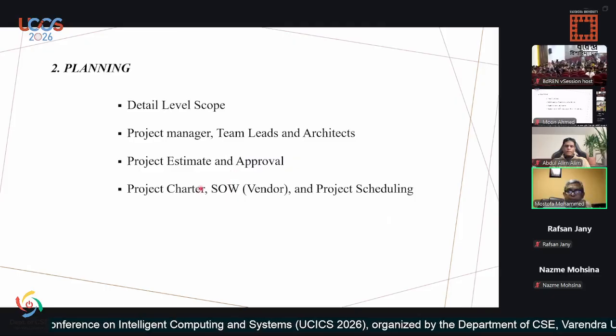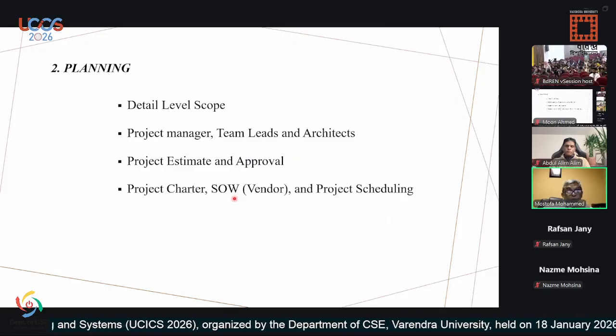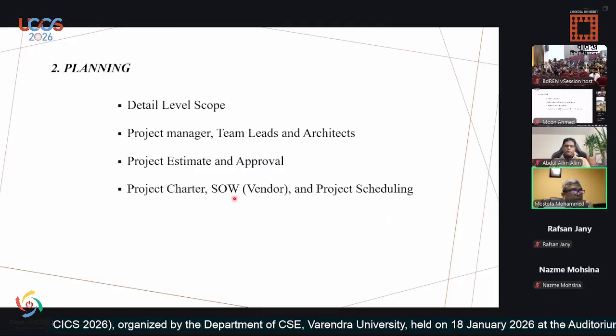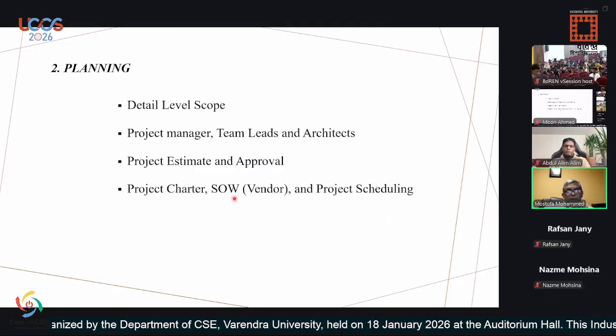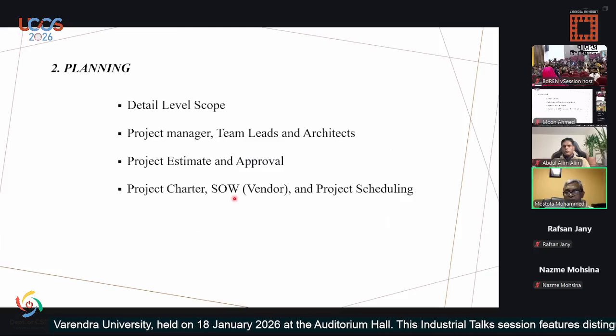At the same time, we also develop a project charter, or a statement of work for the vendor. Often, when you work in a company, you're going to have some vendor to deliver certain aspects of the work.